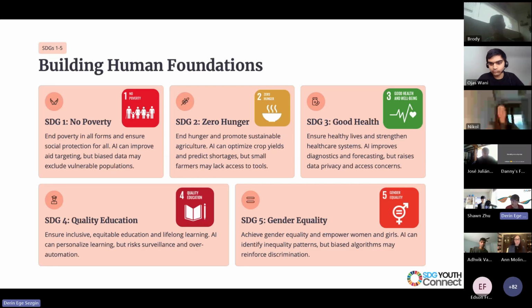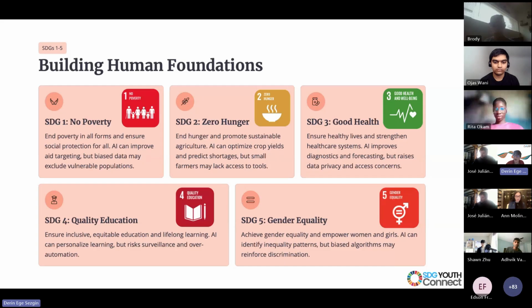On Google Translate, when you take a language like Turkish or Hungarian, for example, which has a gender neutral pronoun, it translates that pronoun based on what the profession is. So if you said that person, the gender neutral pronoun, is a doctor, or that person is a taxi driver, or that person is a nurse, the AI will, using its bias, assume which gender that person is.